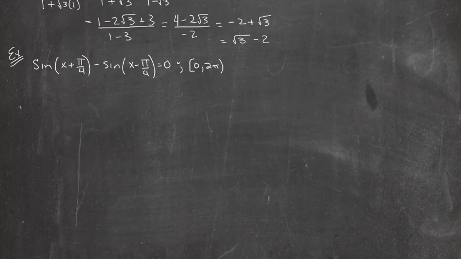All right, so what are we looking for here? Let's look for a second at what we're actually talking about. If I have some angle x, if to that angle I add pi over 4, so this is x plus pi over 4, and I also subtract pi over 4, x minus pi over 4, then the sine of x plus pi over 4 minus the sine of x minus pi over 4 would equal 0.